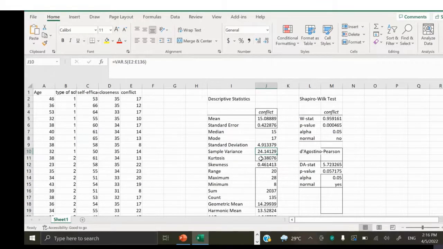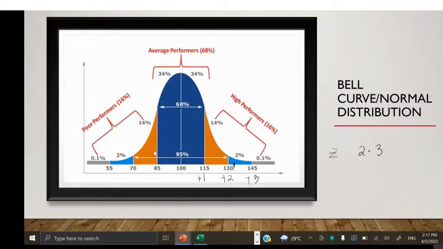The kurtosis and the skewness. Why do you need this kurtosis and skewness? The kurtosis and skewness would be your indicator of whether your distribution is normal. Again, it's a picture of the bell curve or the normal distribution.